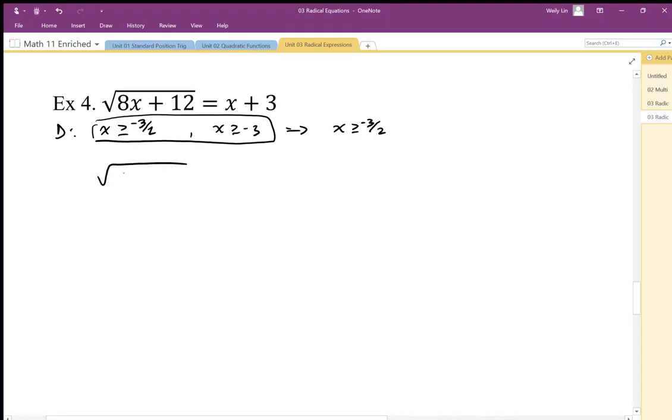Go ahead and solve this algebraically. So I'm going to square both sides. Again, whenever I square both sides, I'm introducing the positive and negative versions of that square root, so we're going to end up with the possibility of an extraneous solution.